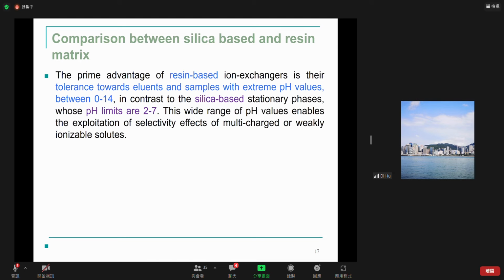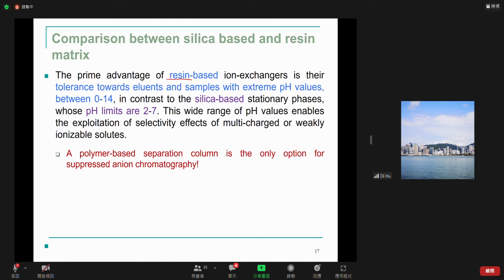Samples with extreme pH values between 0 and 14 can now be handled on the polymer-based matrix. However, silica particles, as I mentioned, can only handle pH 2 to 8. The wide pH range handled by the polymer-based matrix makes it possible to expand the application of IC to multi-charge or weakly ionized analyte solutes.